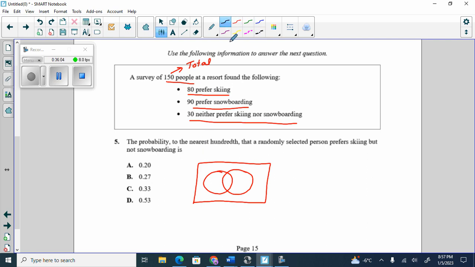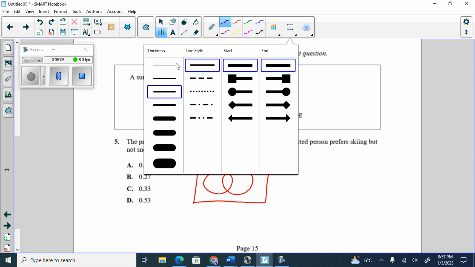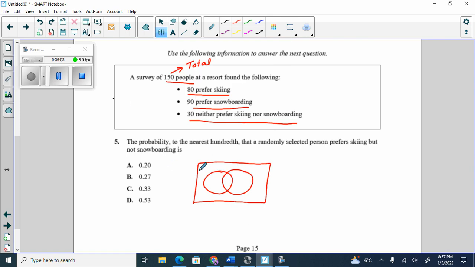So we have options. We have skiing, and we have snowboarding. Okay. So we need to find that middle piece.